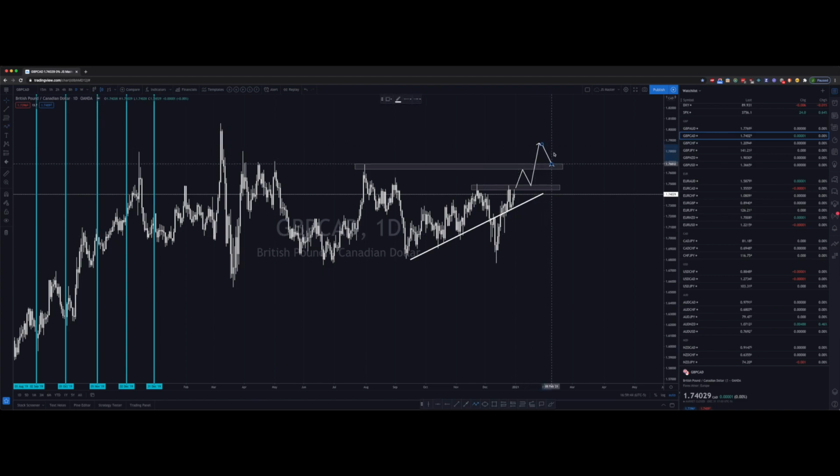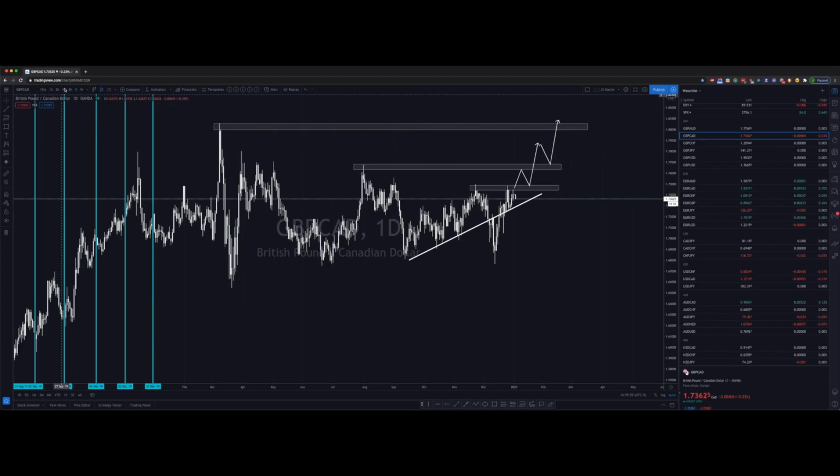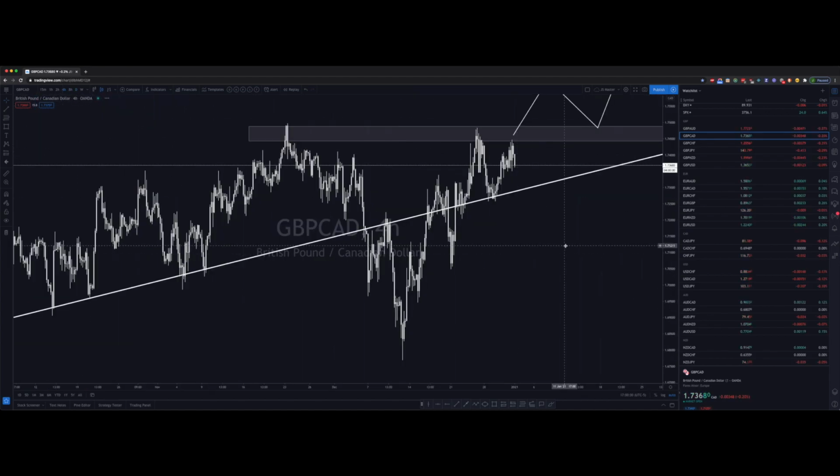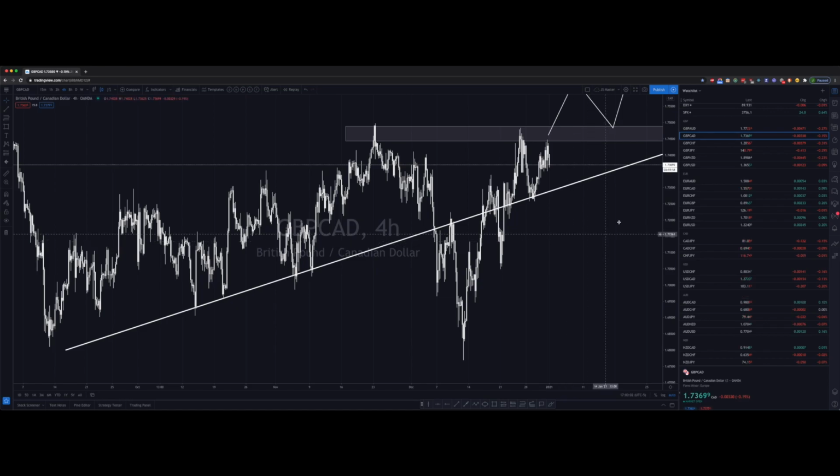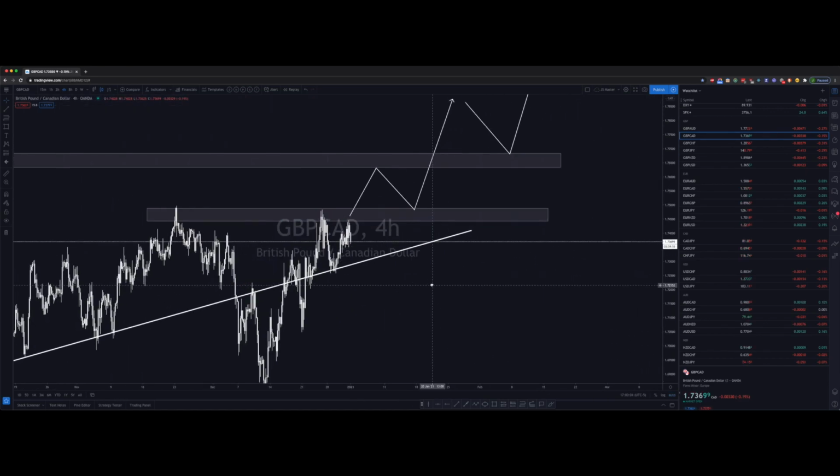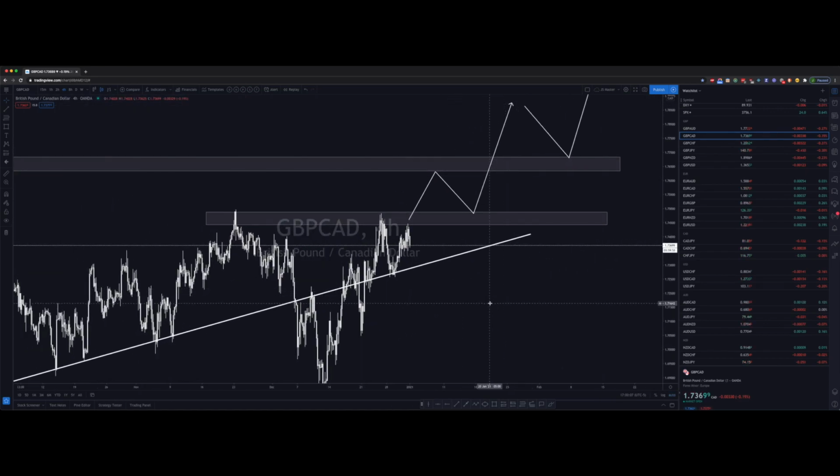Could possibly even come back down here and then test these last major highs over here, right? So you can probably see something like that, but for now nothing's clear for me. If we do see that break above, it might be something I'll be interested in, so I'll probably just keep an eye on this one.